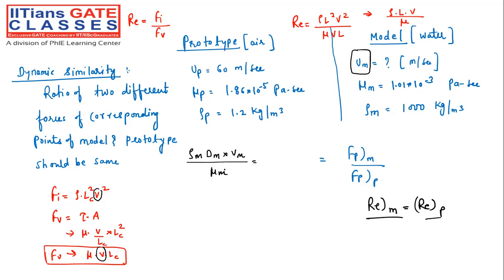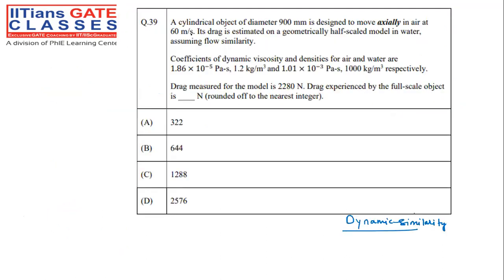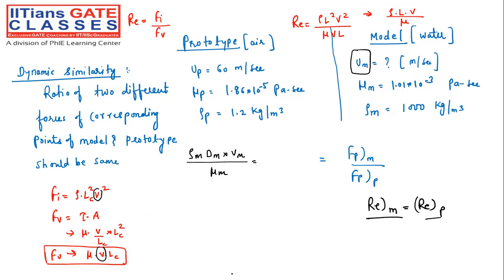Why am I writing characteristic dimension? Because we are taking, just read the problem, a cylindrical object. Cylindrical object means tube or pipe, in which the characteristic dimension or length will be the diameter, not the length. So rho p into dp into vp divided by mu p.